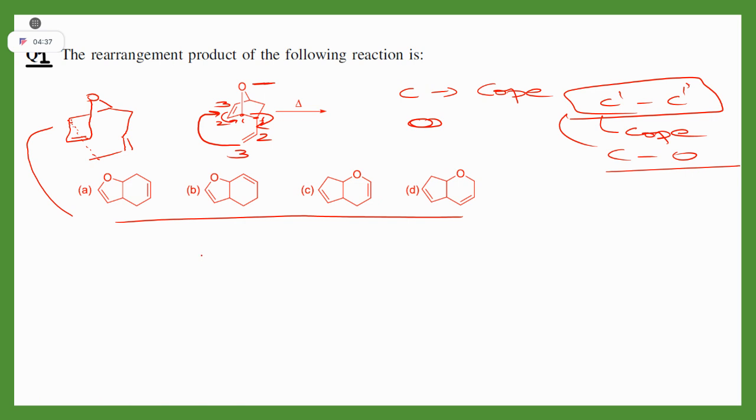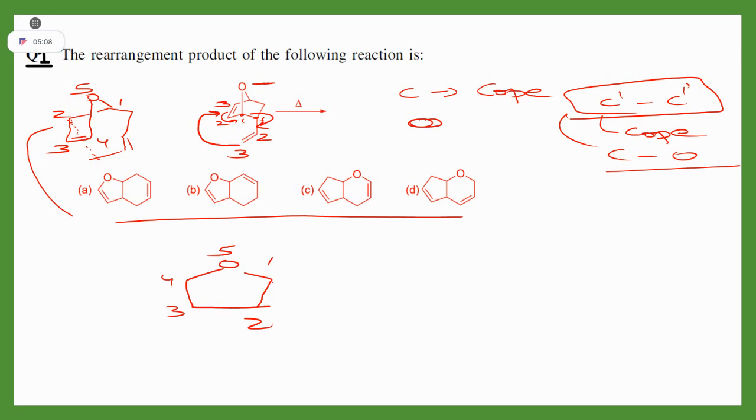Yes or no, students? Now you have to see how many membered ring is there. So if you look at this, one, two, three, four, five. So one thing is clear that there is a five membered ring having oxygen in it. So just draw it. Clear? Now do numbering like this: five, four, three, two, one.